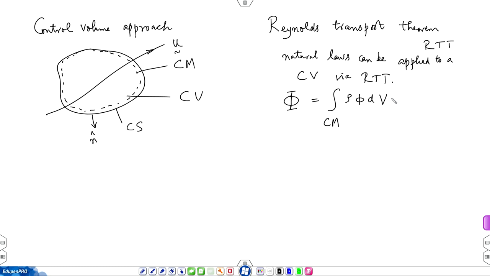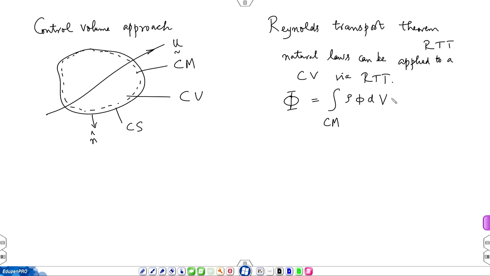What is this attribute? Attributes are related to the natural law. Every natural law has an attribute. What is that attribute for conservation of mass? Mass. What is it for Newton's second law of motion? Attribute would be momentum. Is it not?